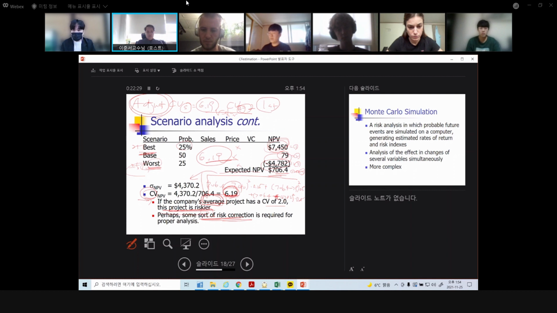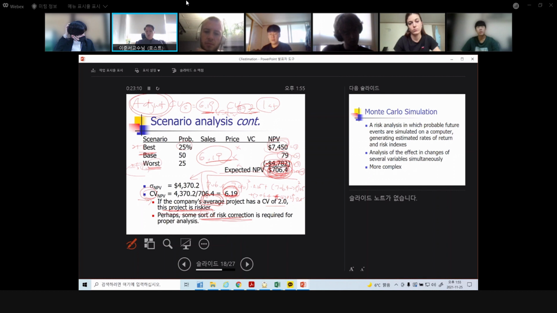Okay, so if the project has a CV of 6.19, but the average CV of projects conducted by this company is only 2, then the probability of this expected net present value being realized is very low.